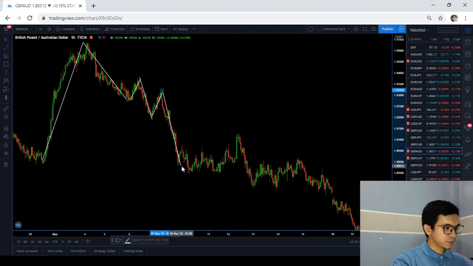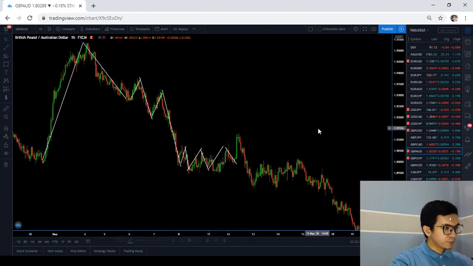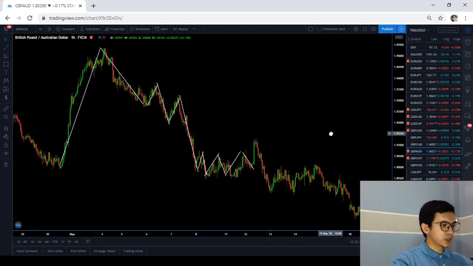Bumaba siya ulit. And then after that, what happened to the price? The price consolidates dito. More or less, you get the idea. Consolidation. Okay? So, yan yung ating market structure as of now.